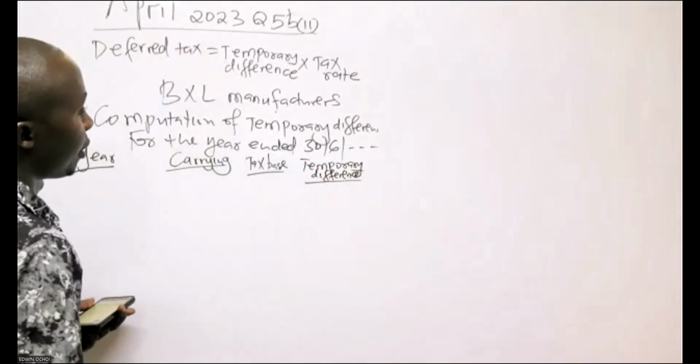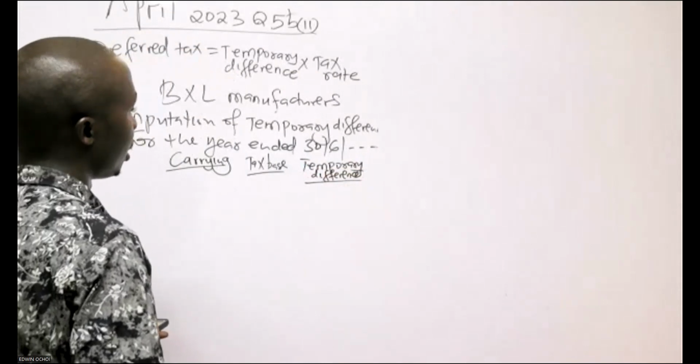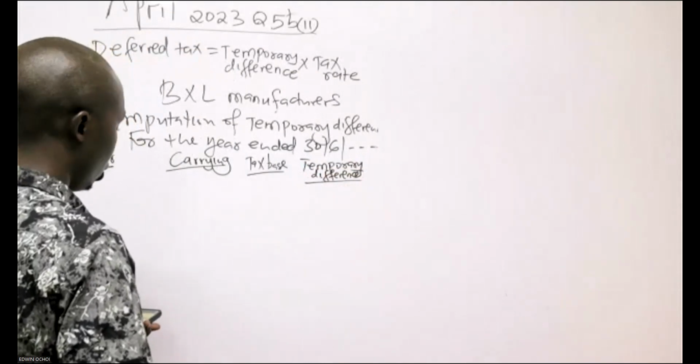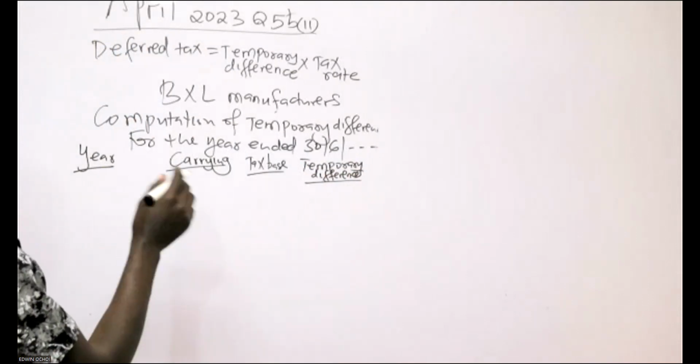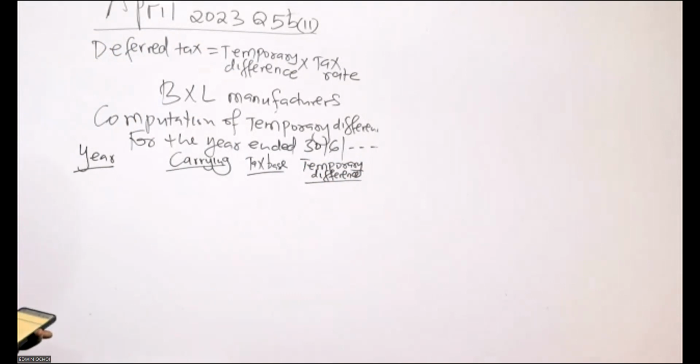After that, if I get my total and multiply. Anyway, for now, let me first get temporal differences, then I will tell you how to get your deferred taxes.